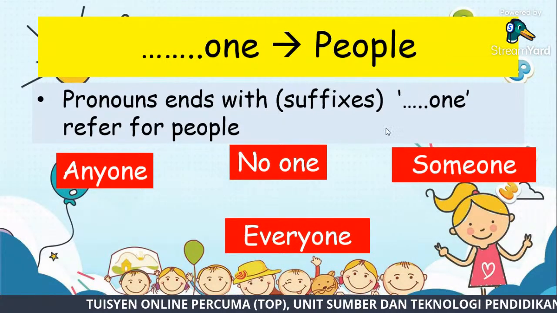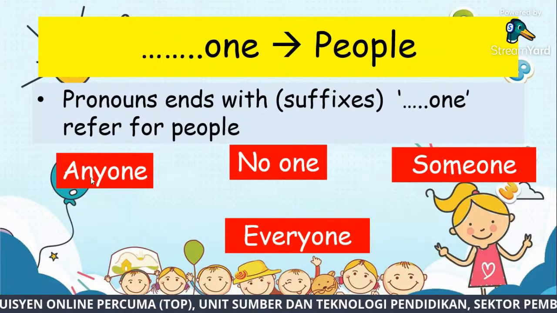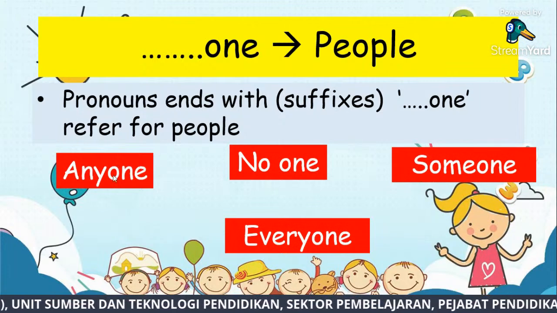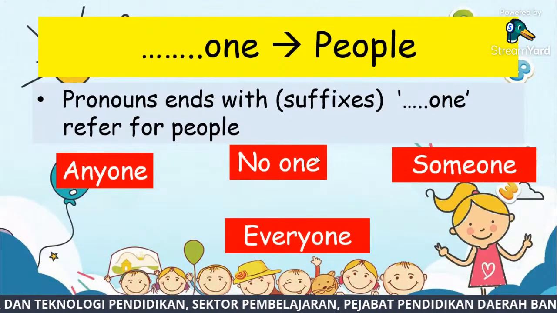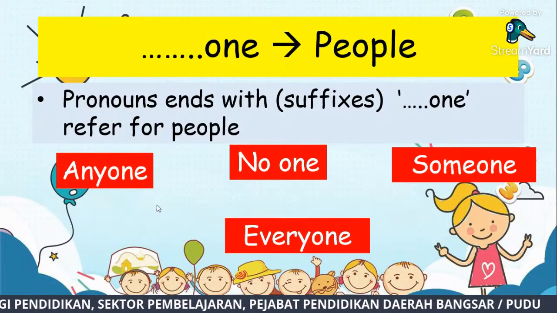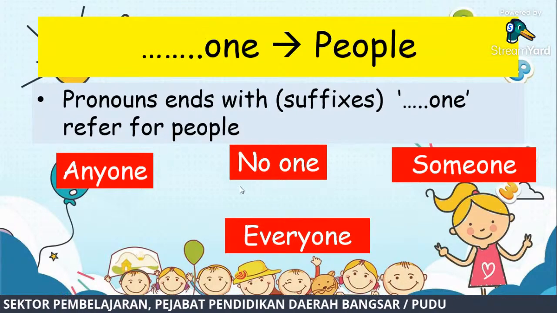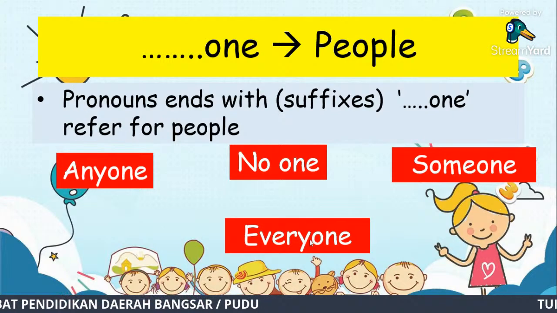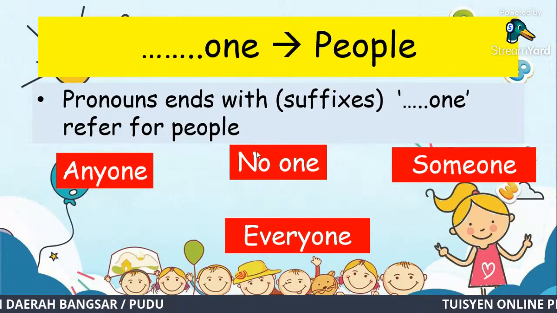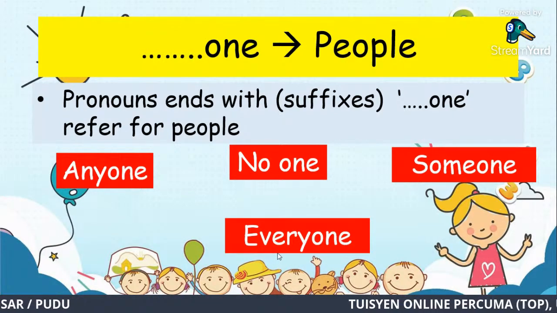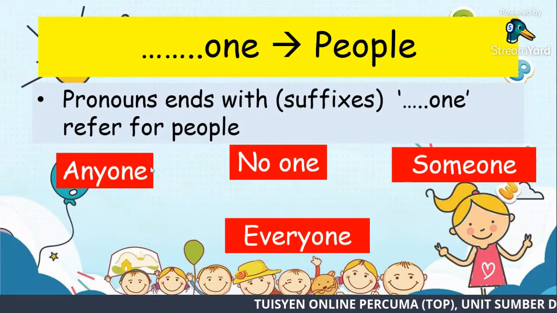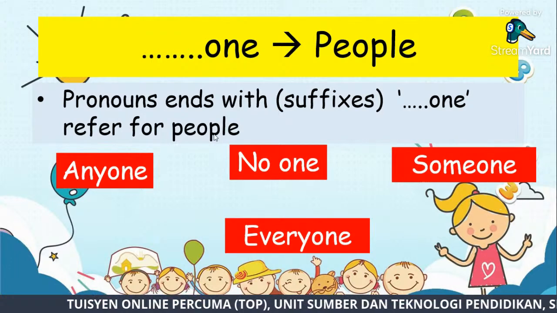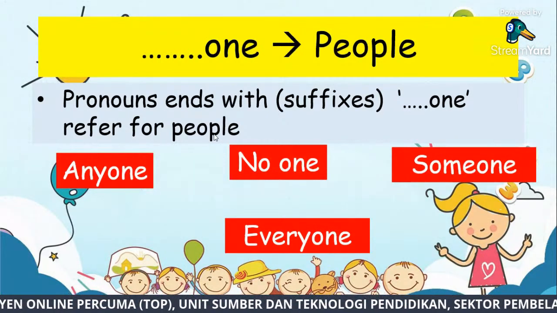As you can see here at the back, each of these words has "one." This is what I'm trying to say here. Anyone, no one, someone, everyone. Whenever you see these words, you have to know that it is simply referring to people, a person.